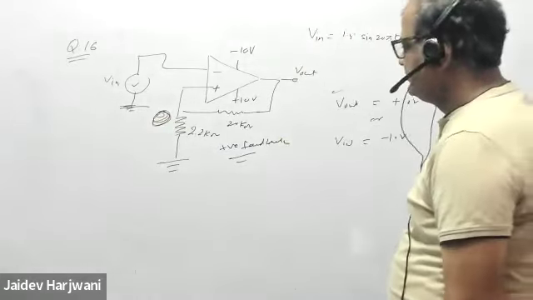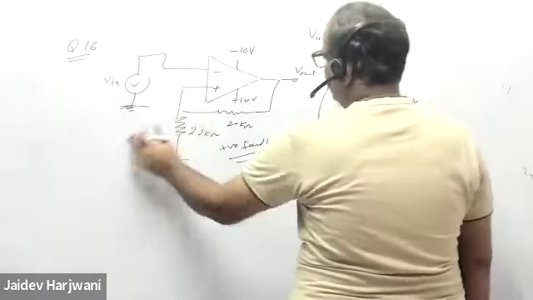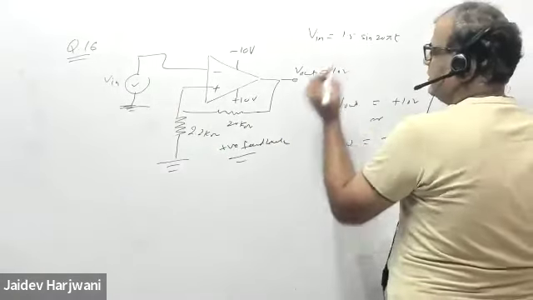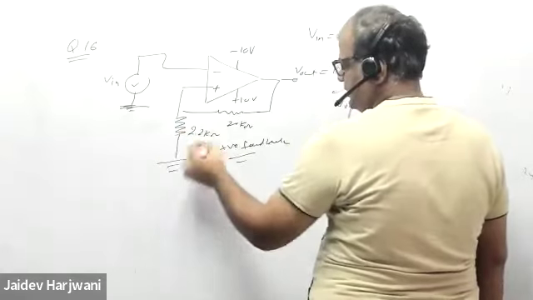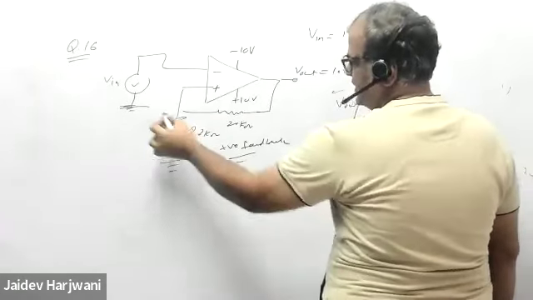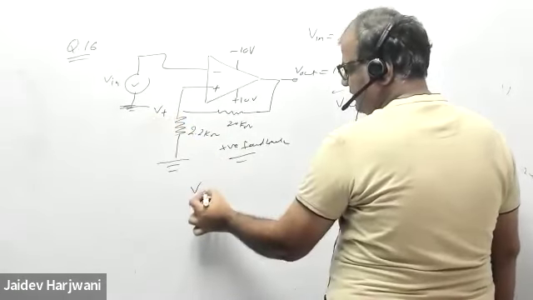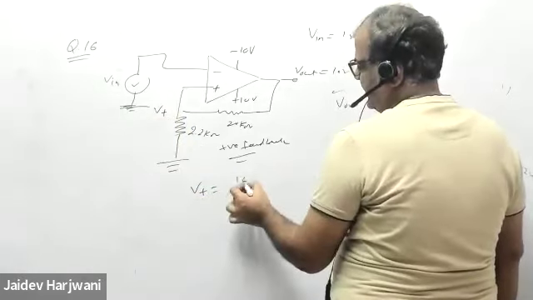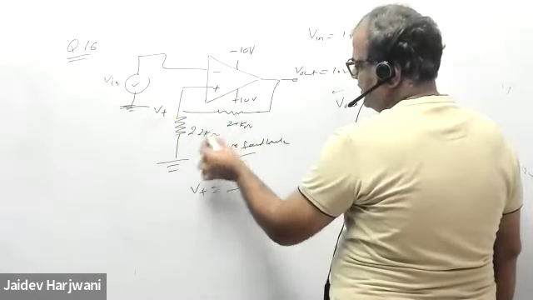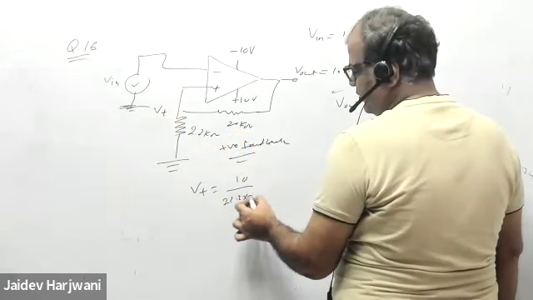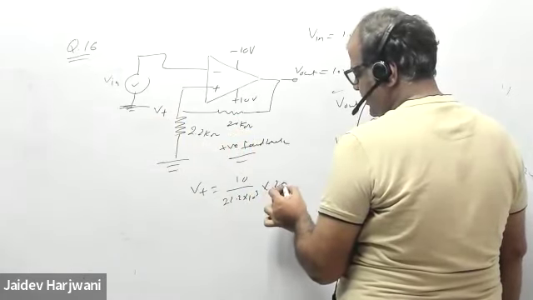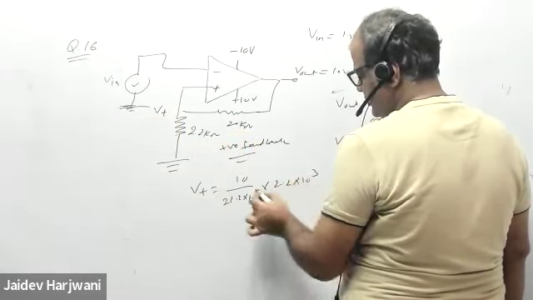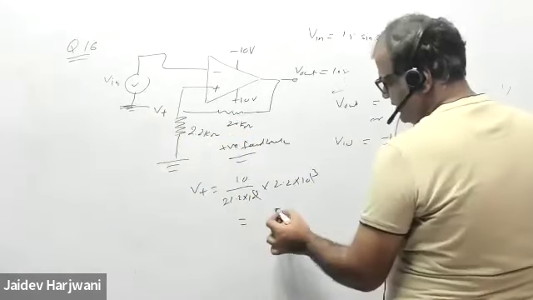How much will come? Tell me. If this is 10 volt, how much voltage will come here? So the voltage across here, I say V plus. So V plus will be how much? That will be 10 divided by 22.2 kilo ohm, into 2.2 kilo ohm. So 10, how much is coming?